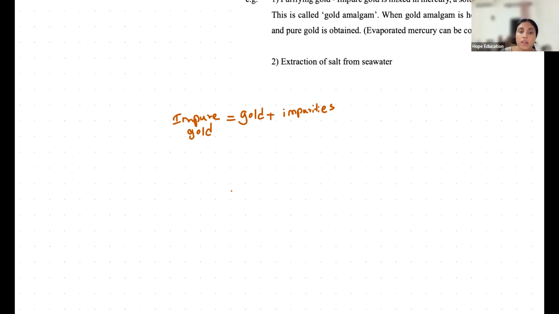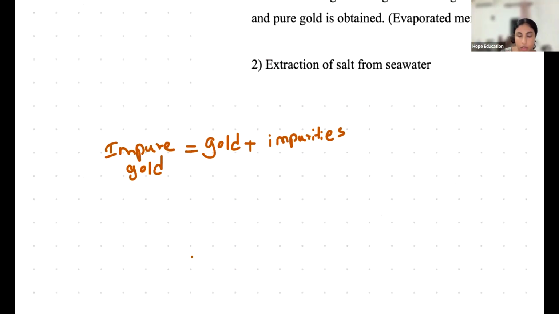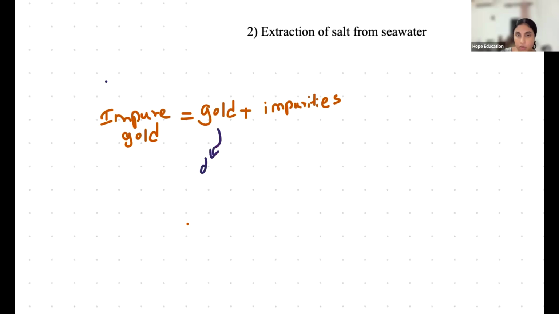Okay? So there's a thing: gold actually dissolves in mercury. So mercury is a metal, no? Is mercury a solid or a liquid at room temperature? Room temperature.